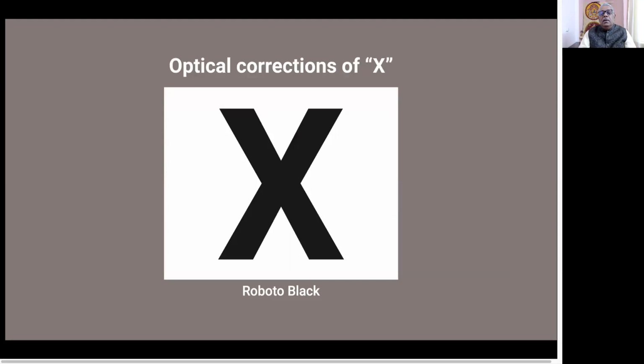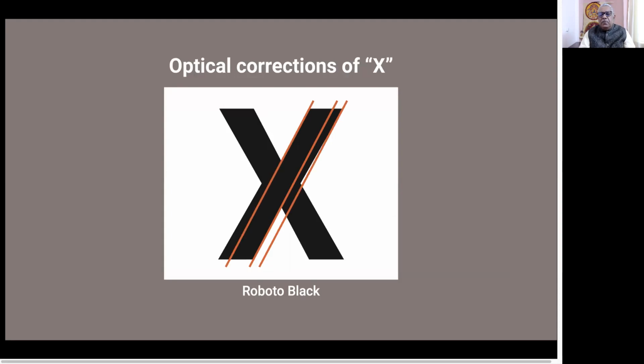And if you look at X, for example, X is a treasure trove of examples of optical correction in typography. There are 100 things to learn from the design of this letter X. If you take the angle of one stroke, it will not match the corresponding stroke above the middle line.